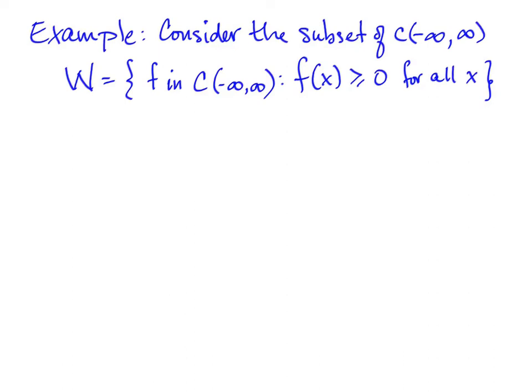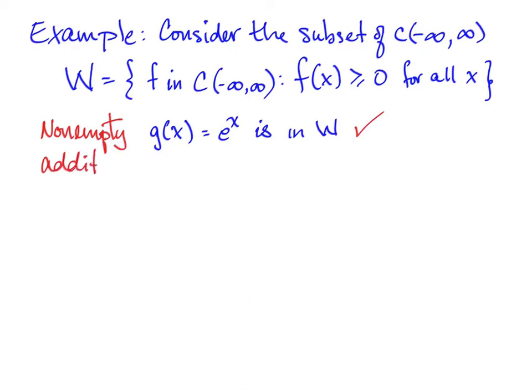So all non-negative continuous functions. Is that a subspace of the vector space of all continuous functions? Well, it's non-empty because I can point to one element, the function g of x equals e to the x. That's clearly non-negative for all x, so it's in W. So W is non-empty.